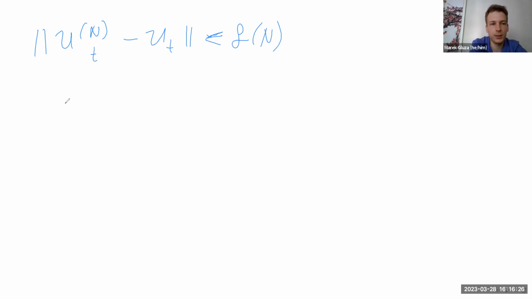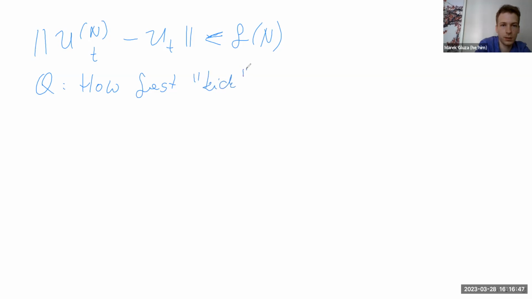And now the question is, how fast do I have to apply pulses to be changing the Hamiltonian to approximate this time-dependent Hamiltonian that I want to apply? Okay, that would be the physical question. So question, how fast to kick the control parameters? So sampling rate.